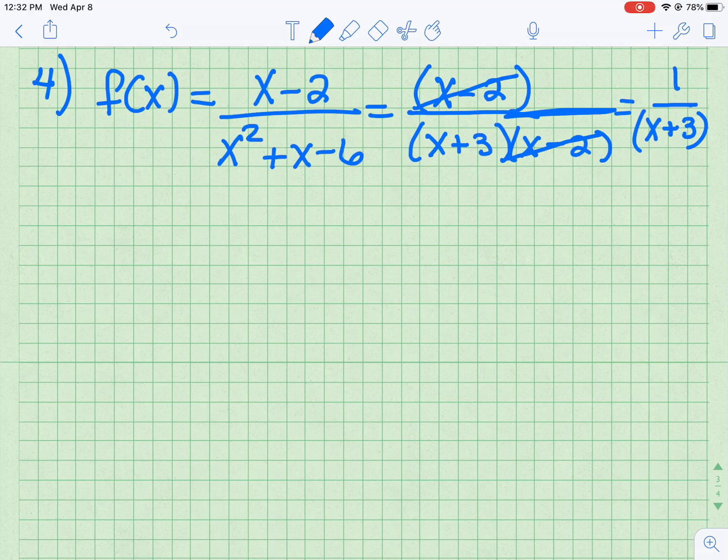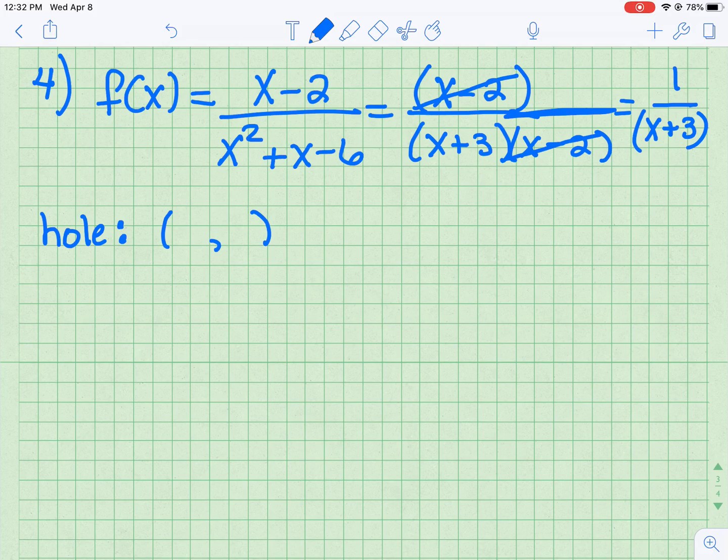Does that make sense so far? Yeah. Okay. So now because something canceled out, there is a hole. And the hole is going to be a point. I'm going to do it a little differently than she did. I'm going to put the value that the x is going to be at this hole, and we're going to figure it out when we look at the graph. We crossed out x minus 2.